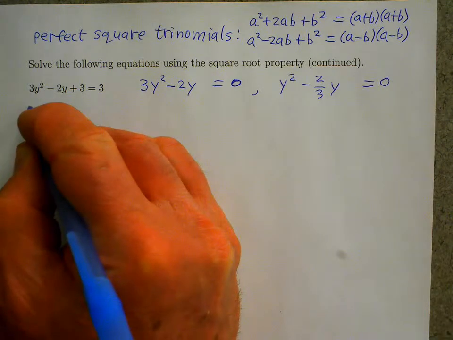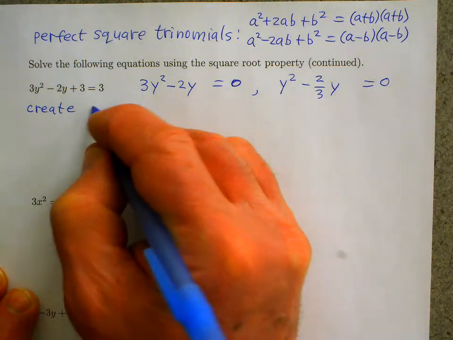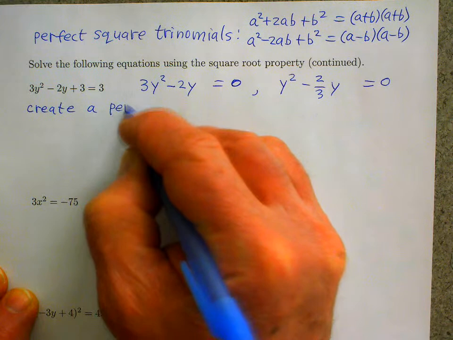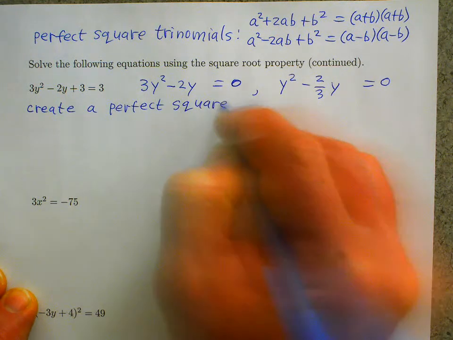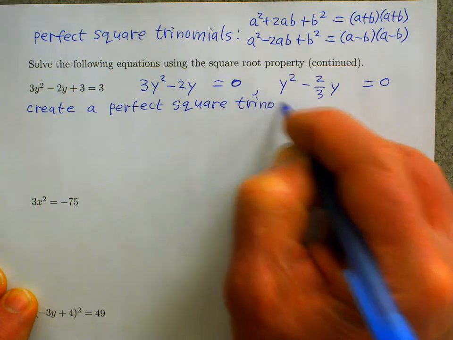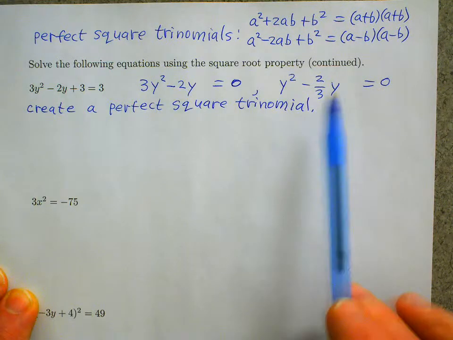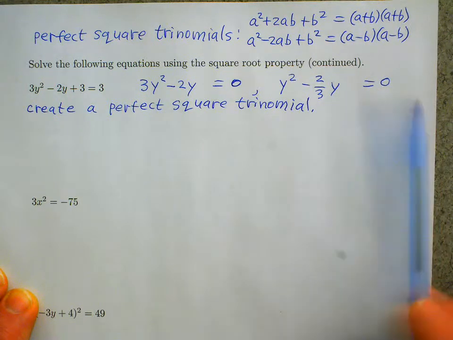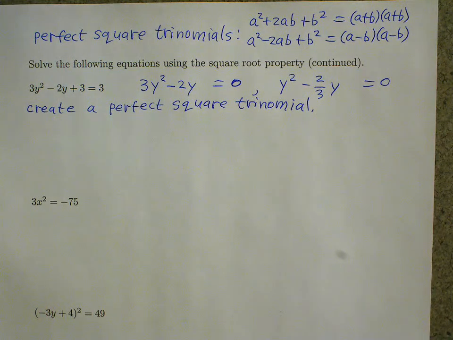So that's what we're going to do. We're not going to do anything illegal. We're just going to find a number to add to both sides of the equation so that the left-hand side is a perfect square trinomial. And if it's a perfect square trinomial, then we can write it as a single binomial squared.